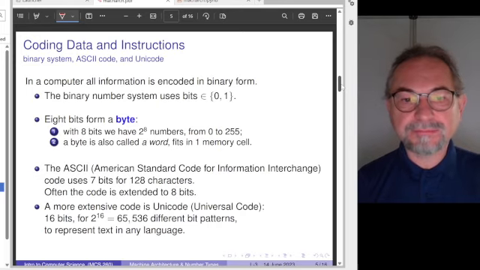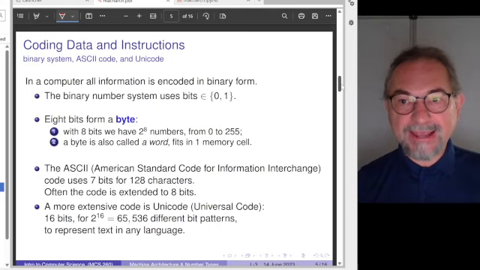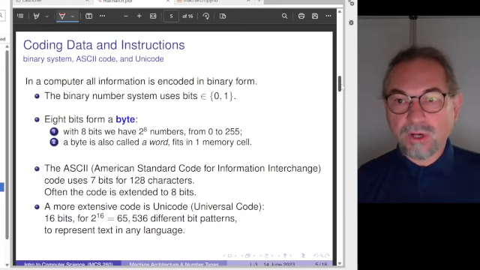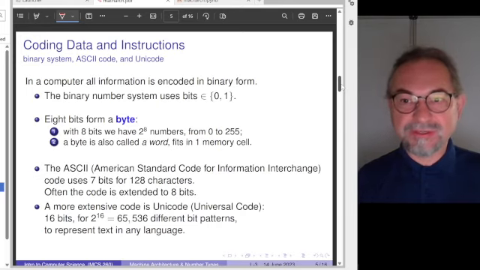A byte is used to decode information. So how do you represent the letter A? How do you represent the number 1? It's not 7 zeros and 1. There is a specific convention for this.